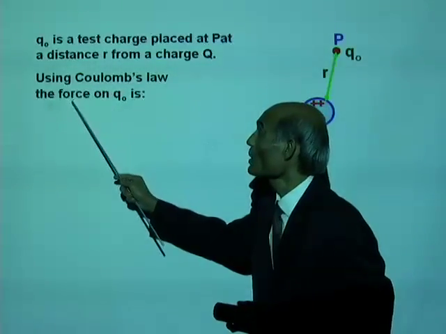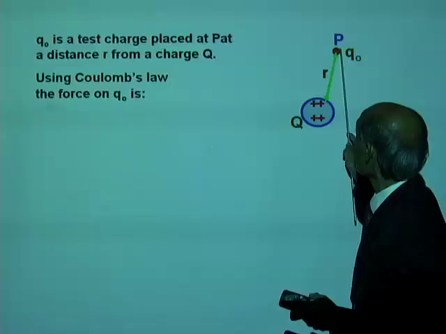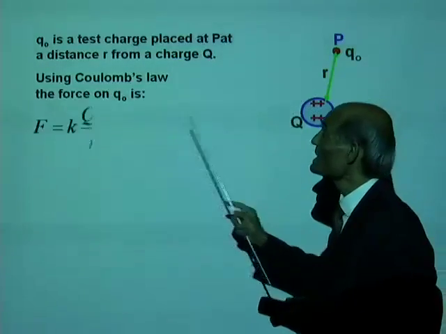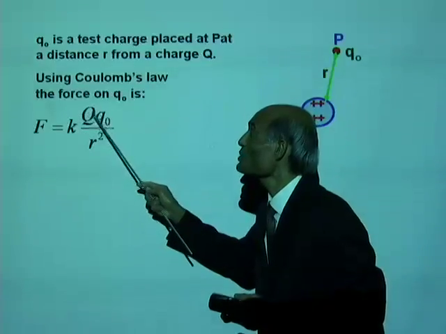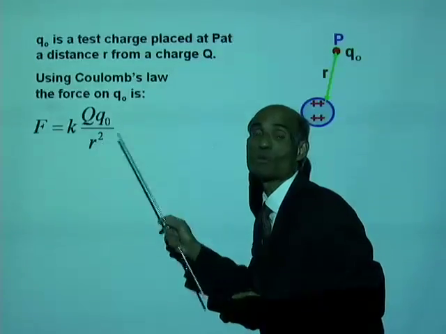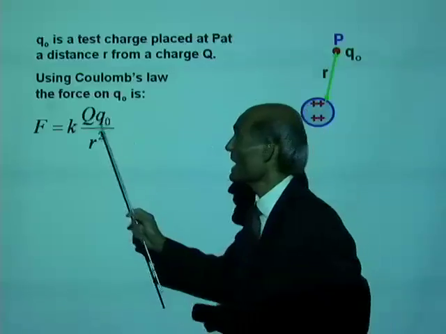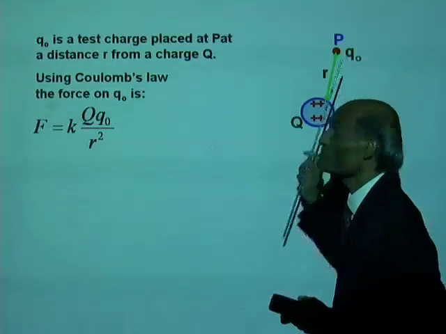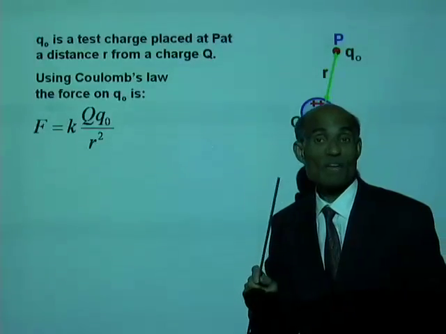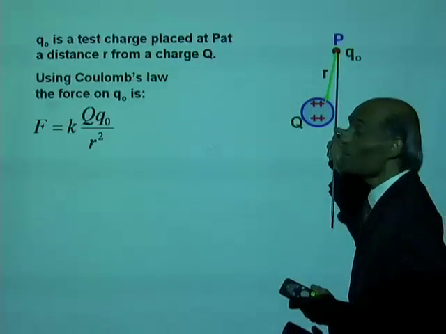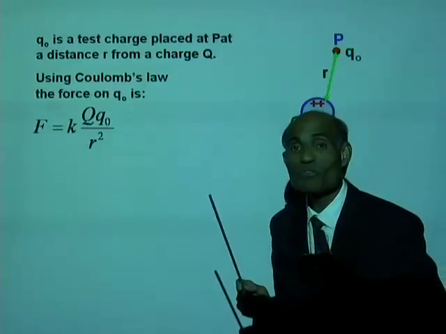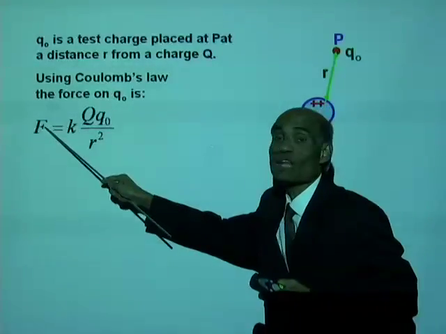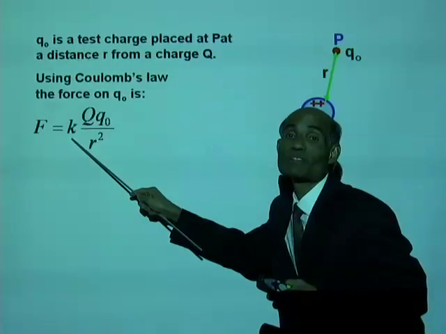Using Coulomb's law, the force on Q0 due to this big charge Q is F equal to K Q Q0 over R squared. Now, this is a measure of the force on this charge Q0. And therefore, if I place a unit charge there, what will be the force per unit charge? The force on a charge Q0 is this.